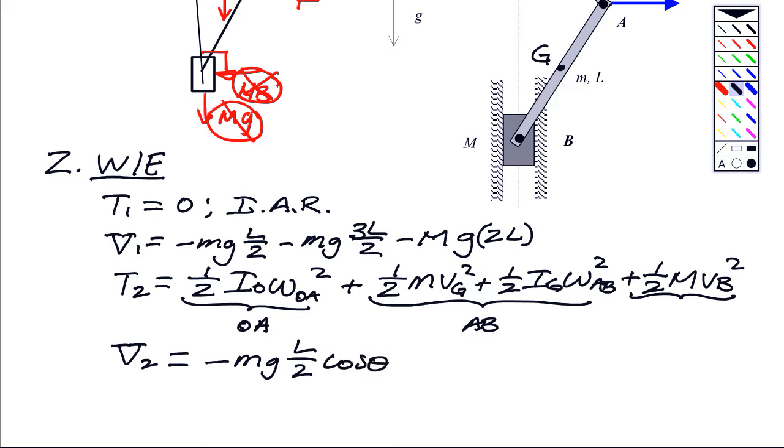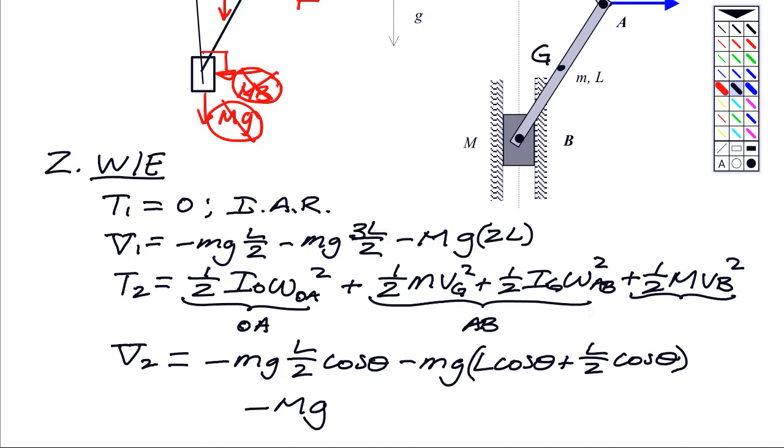Then for link AB, it's going to be minus mg times L cosine theta plus L over 2 cosine theta. And then for B, it's going to be minus mg 2L cosine theta.